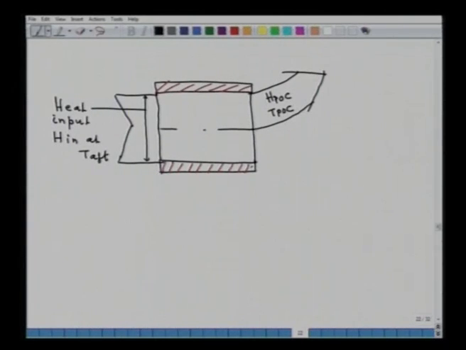Now, the sum of the heat taken by products of combustion, by product which is HU at TU, and this is the amount of heat which is lost through the walls of the lining HL at temperature TL.